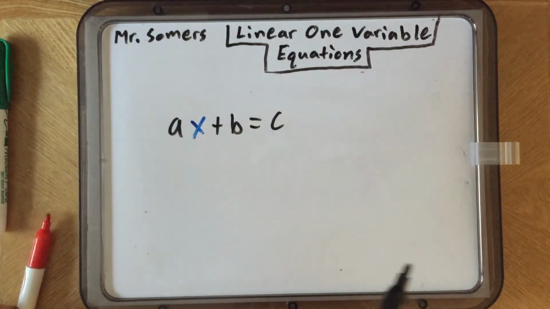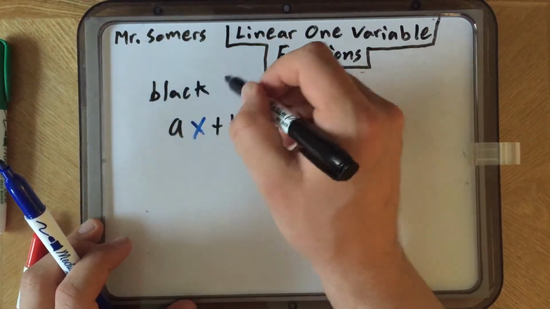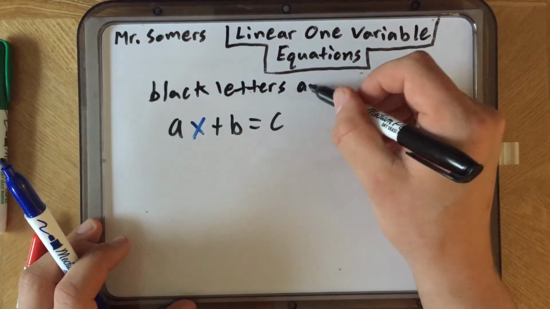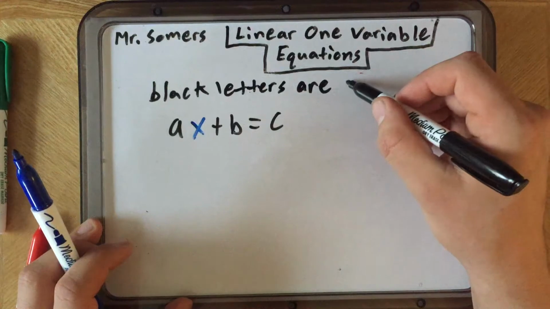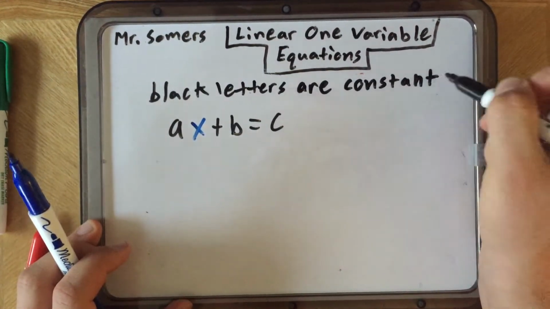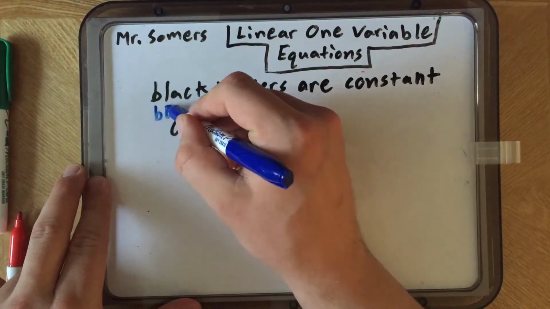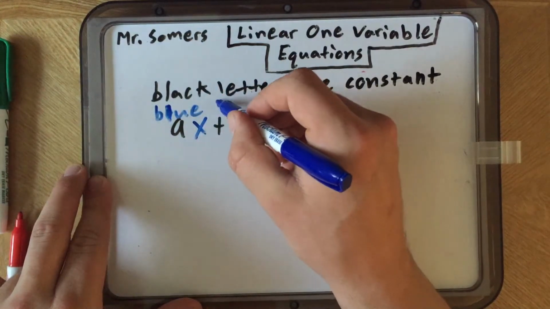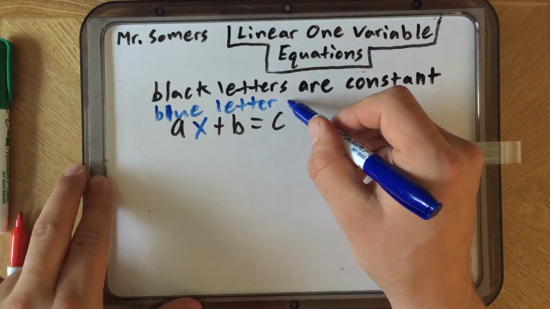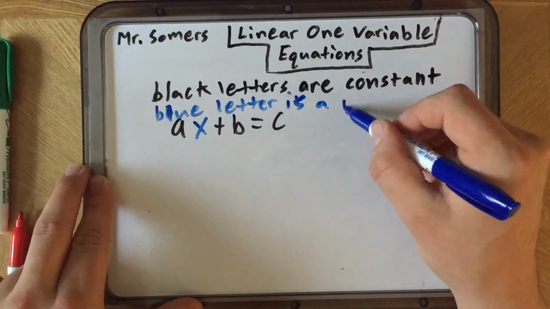Now the black letters are constants. They do not change. The blue letter, which in this example is x, is a variable.